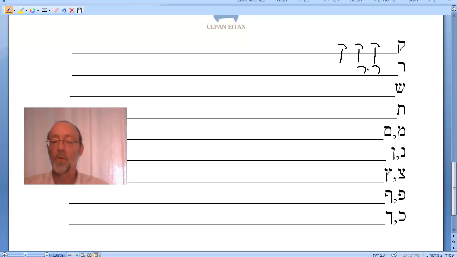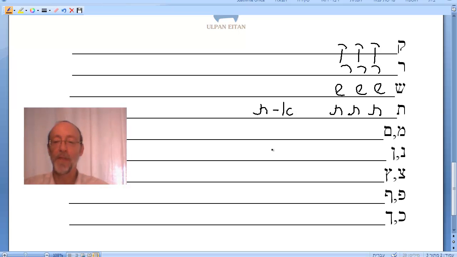Reish looks quite similar. Shin sort of reminds us of a small E in English. And Tav. This is the last letter of the Hebrew alphabet, which one could say goes from Aleph to Tav.